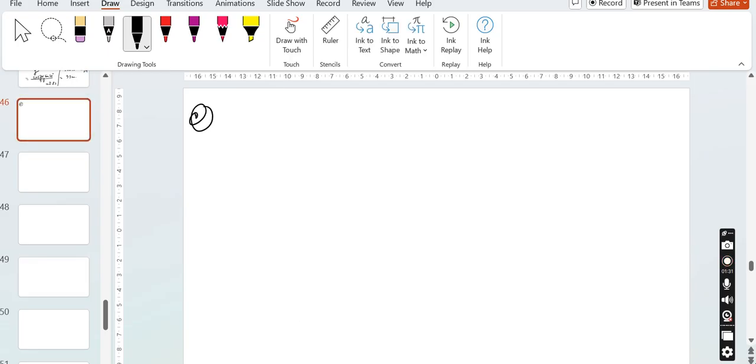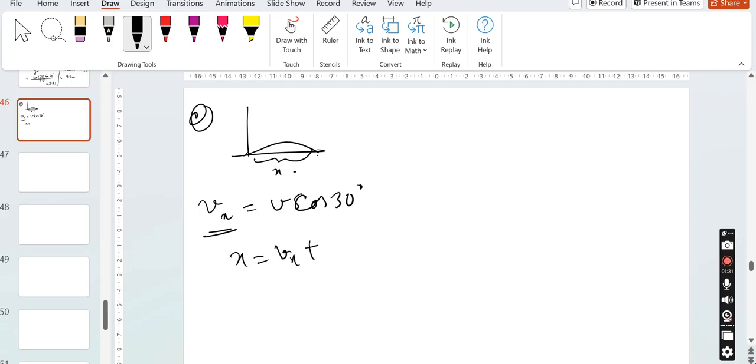And the last question is the horizontal distance the ball travels before hitting the ground. Basically, this is x. Vx will be V cos 30 degree, and there is no acceleration in this direction, so throughout the journey Vx will be the same. So x will be Vx t, that is V cos 30 degree into t.